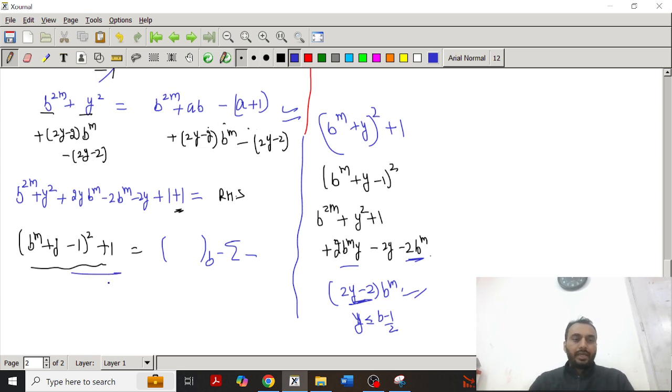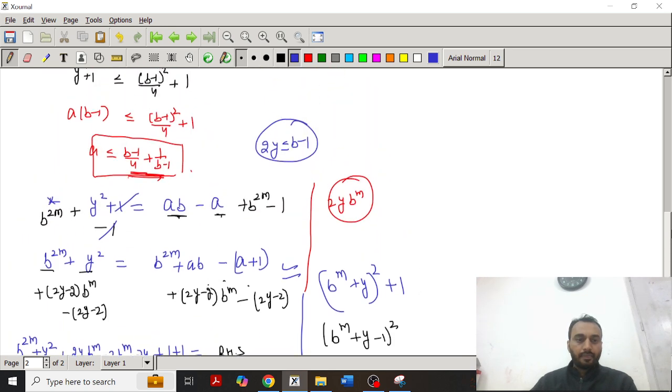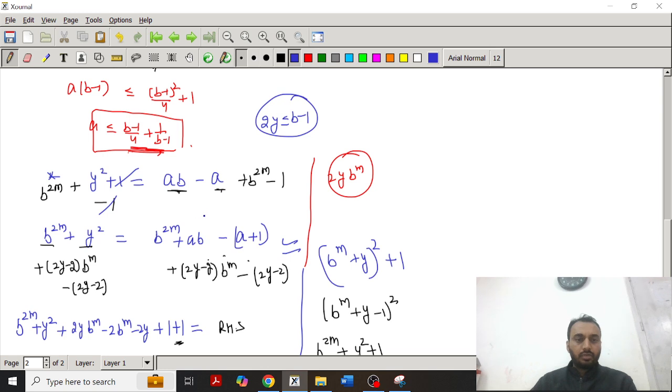So if we have a number x, from there we get a number y, which is a quadratic residue, and y is 0 to b minus 1 by 2. Then from there we comment on this that we have a number like this also. Again you can say one more thing in this, as b power 2m, you can see m is greater than or equal to 2.